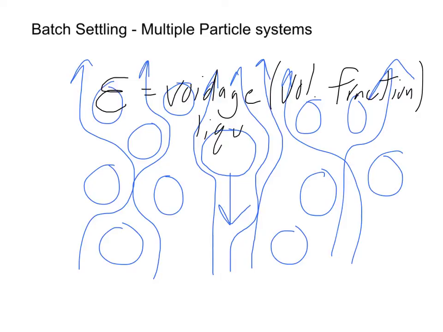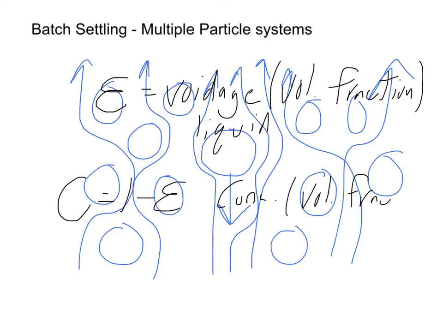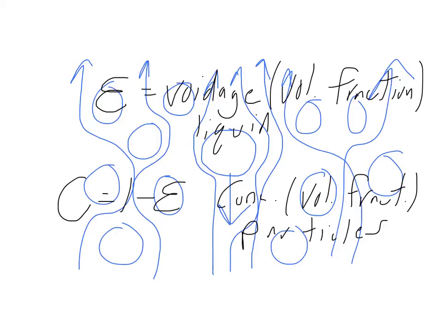That means we can also define a new term, c, which is going to be 1 minus epsilon, and that is going to be the concentration of the particles, or rather, the volume fraction that is the particles.